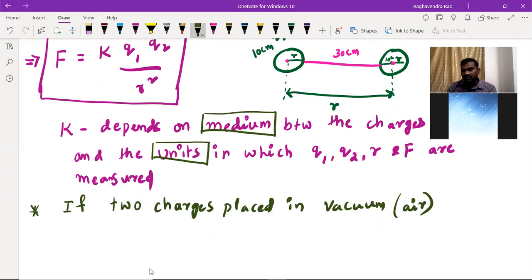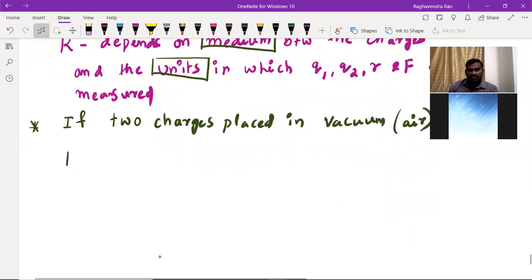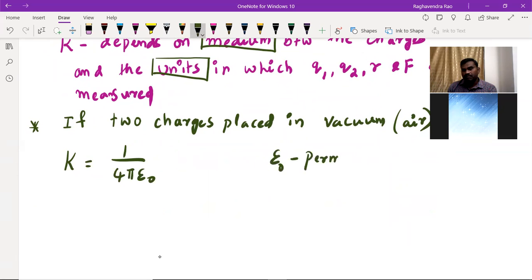If two charges are placed in vacuum, we can write the value of k as k is equal to 1 by 4 pi epsilon naught, where epsilon naught is the permittivity of the medium. This is a parameter which describes the medium.